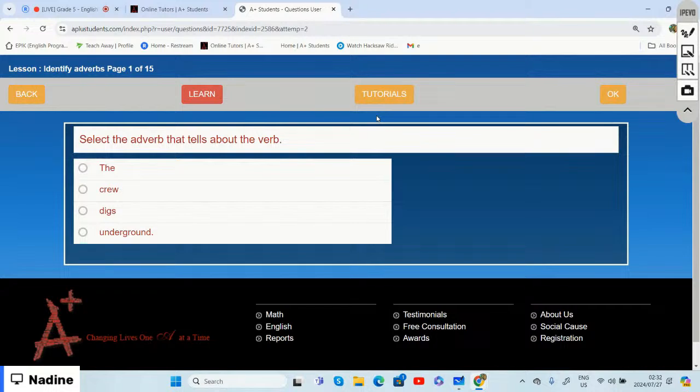Not crew, because crew is a noun. We need a word that tells us about the verb. It says the crew digs underground. Where are they digging? So the question is, where are they digging?